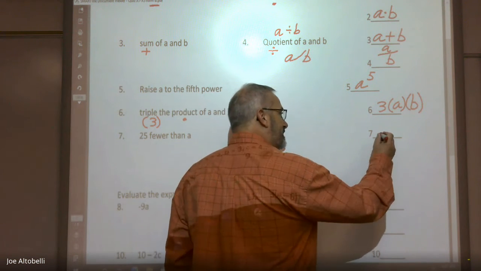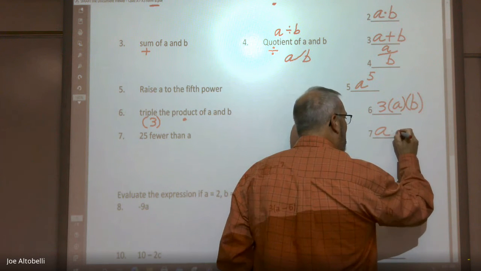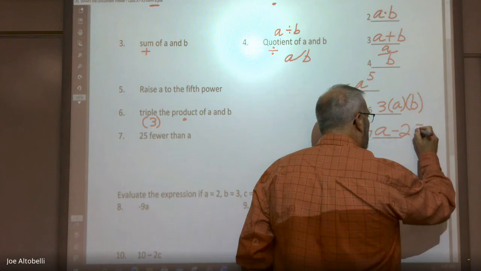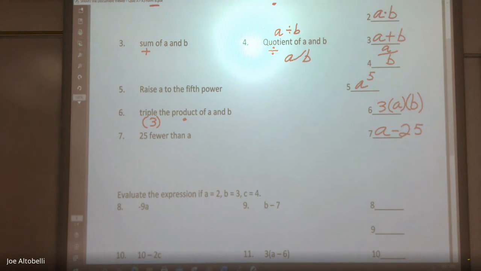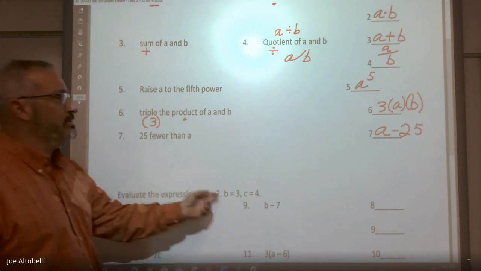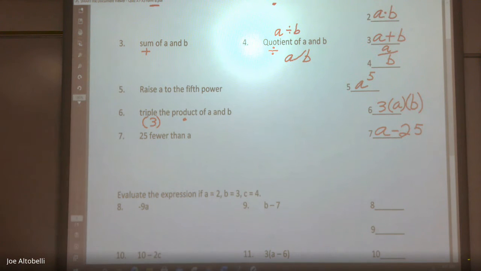And some of you are giggling because I'm saying it, but it has to be this way. A minus 25. Because 25 fewer means you have to subtract the 25. Not subtract the A. You're not subtracting A. You're subtracting the 25. So 25 fewer than means minus 25. Okay? So hopefully you can remember that.